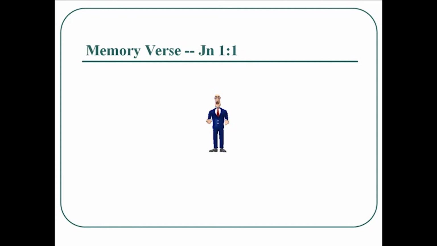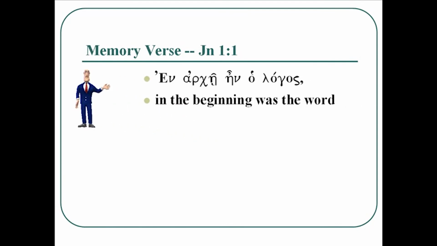In order to build our familiarity with the language, we want to start working on a memory verse in Greek. So here's our first memory verse from John 1:1. En archē ēn ho logos means in the beginning was the word. Say it with me in Greek.